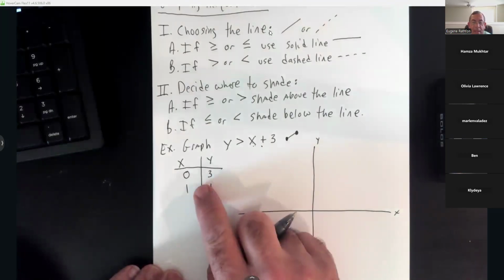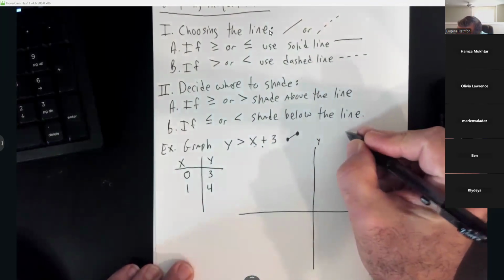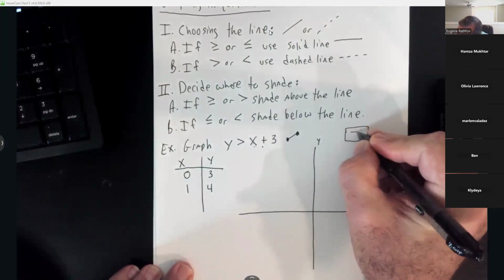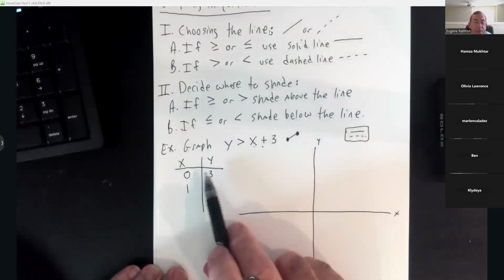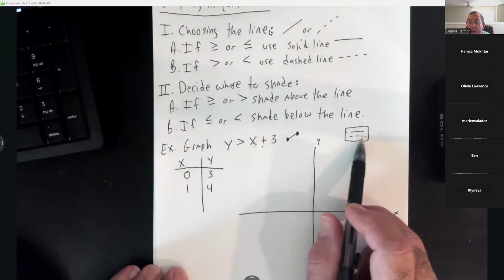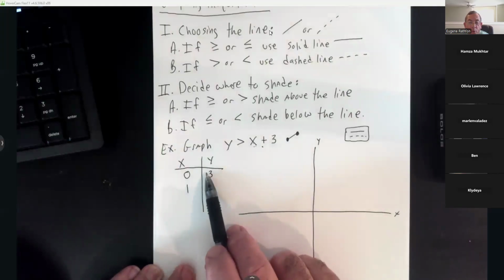Alrighty, so I've got my 2 points. Now I need to choose what line I'm going to use, because like I said, in MATLAB it'll have a solid line and a dash line. For this one, since I don't have an equals under this, I would use the dashed line. So you would plot your 2 points.